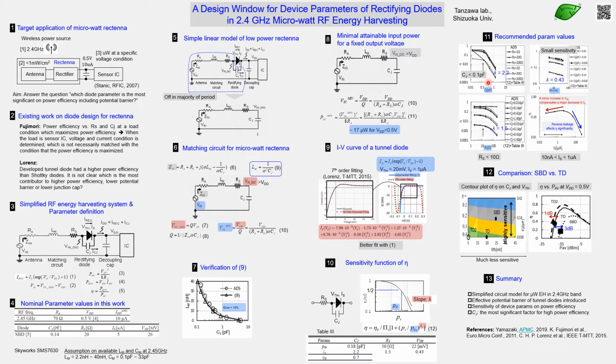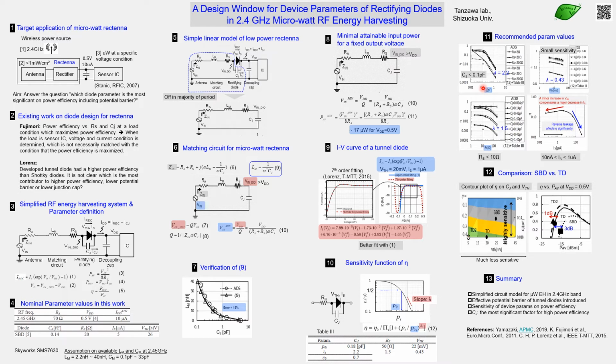And if you want to have a more specific critical point, you may want to have a lower value than these P0 values. For example, in a CJ curve, if you have a CJ of 0.1 picofarad or lower, then it doesn't have any effect of the CJ.